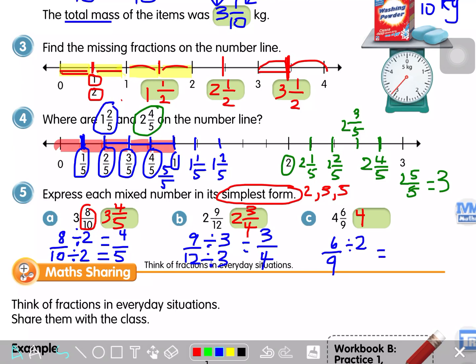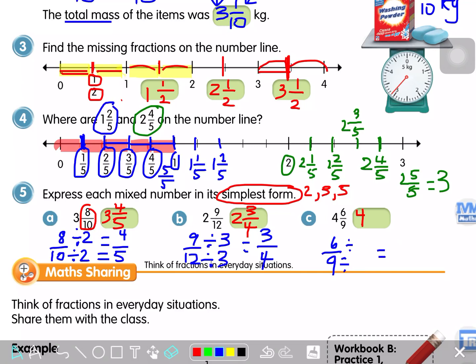Yes. So 6 divided by 2 is 3. Now let's check, now we have to divide the denominator by the same number, which is 2. 9 divided by 2. Oh dear, 9 cannot be divided by 2. So we cannot use that. We have to erase and cannot use 2. So we move on to the next one.